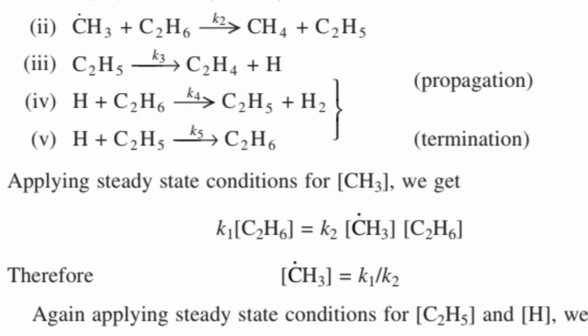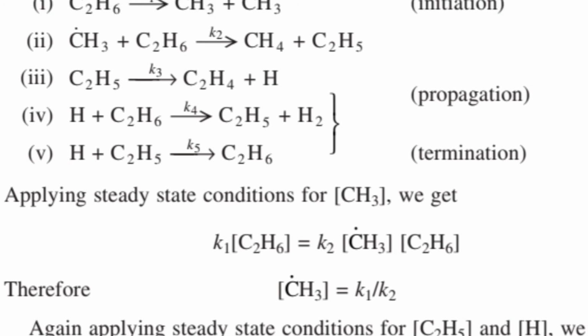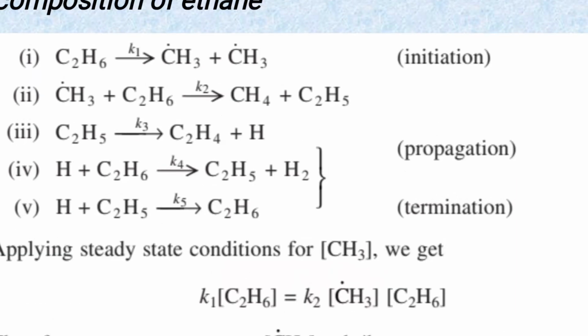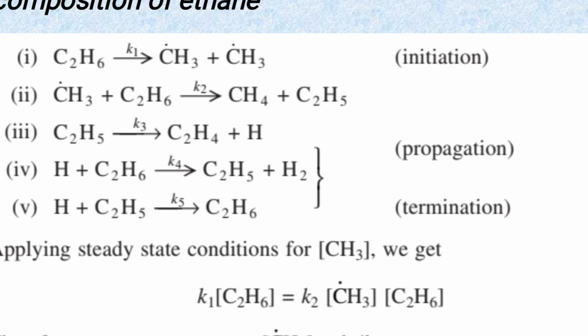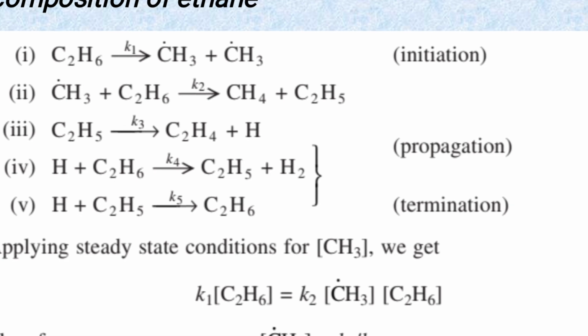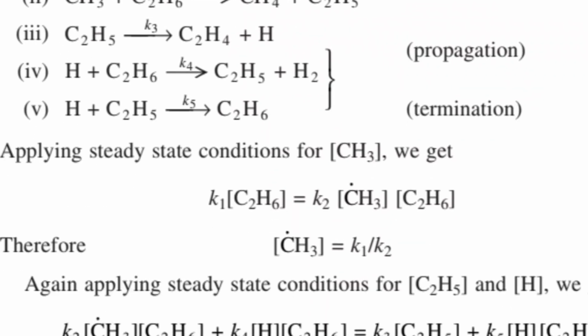And apply the steady state condition for the CH3 radical. In the first step CH3 is formed, in the second step CH3 is consumed. So the first step is given a positive sign in the rate equation, and the second step is given a negative sign.